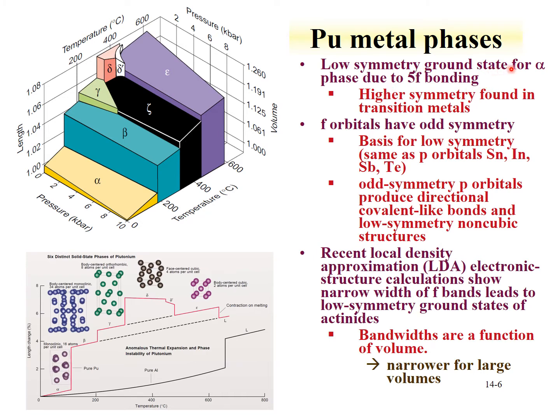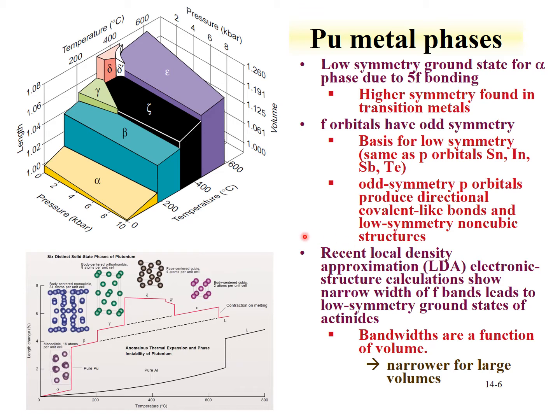So, for instance, with the alpha phase, the low symmetry ground state is due to this 5f bonding. These f orbitals have odd symmetry, so they're similar to the p orbitals. So you see some similarities between the behavior of plutonium and these p orbital metals: tin, indium, antimony, tellurium.